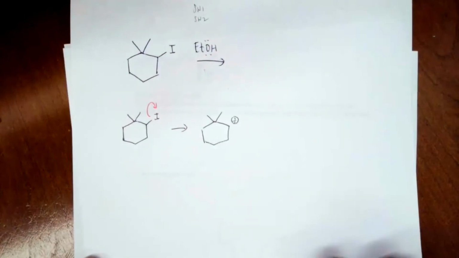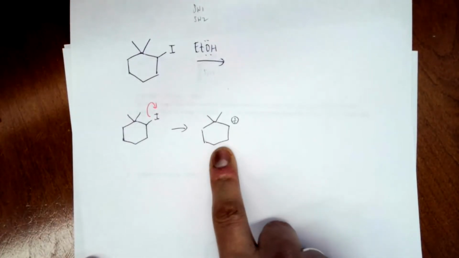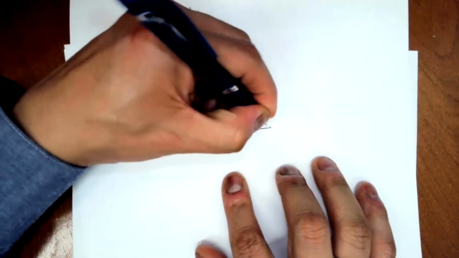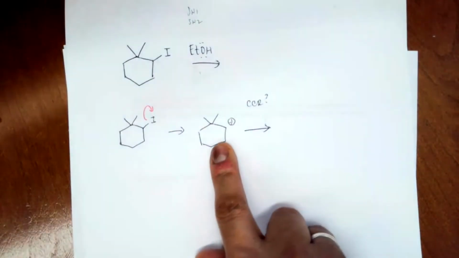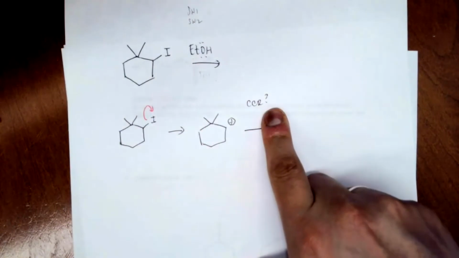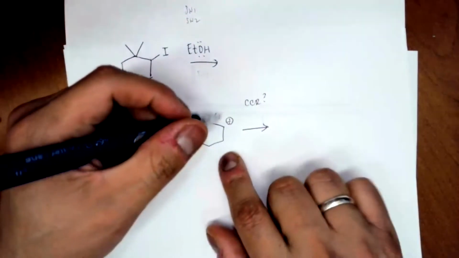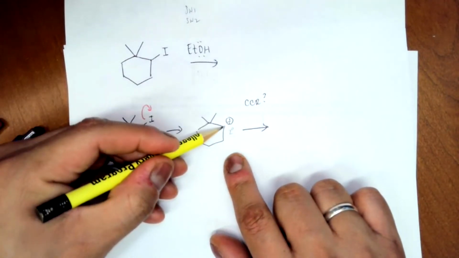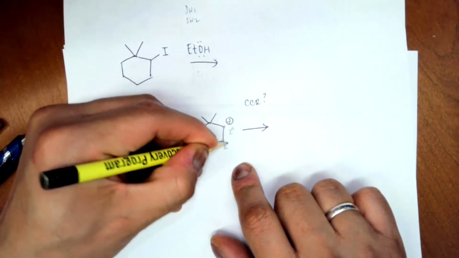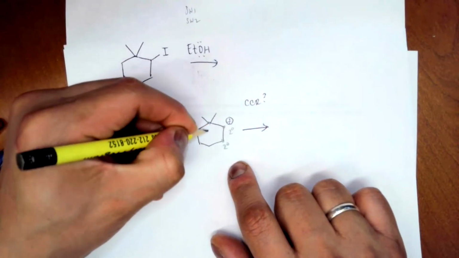Carbocation. As soon as you form a carbocation, the first step that you do after the carbocation is to ask if there is CCR. Always, as soon as you make it, that's the first question you have to ask. CCR, do I have CCR? Let's see. Secondary carbocation, right? This one is a secondary carbon. This one is a quaternary carbon.